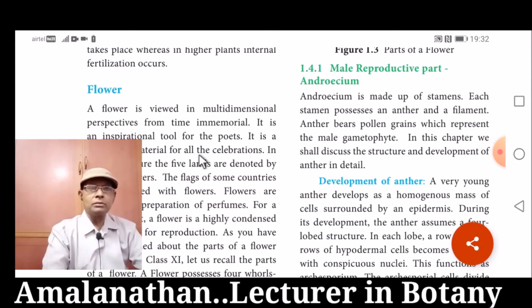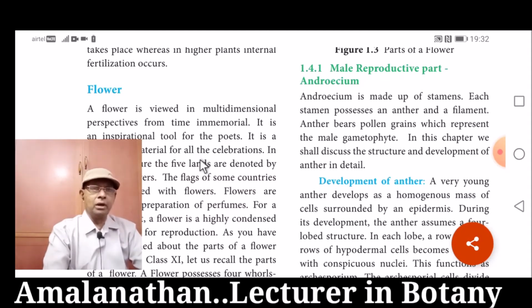Pollen grains are male gametophyte. What is a male gametophyte? A structure which produces male gamete is called male gametophyte.